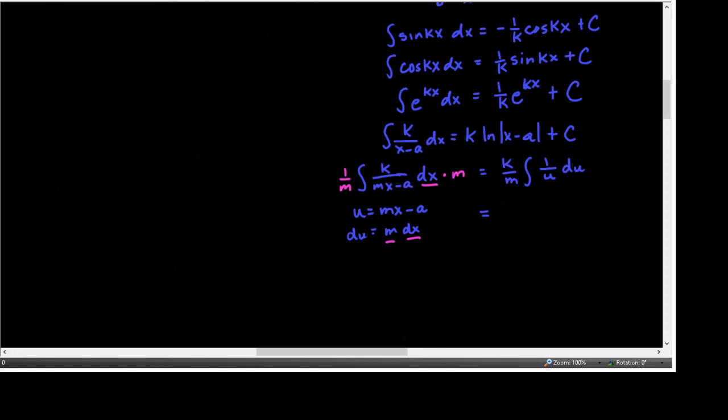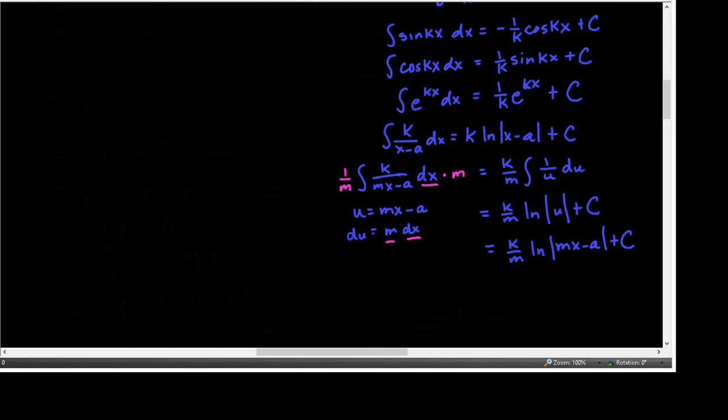And so this is k over m natural logarithm of the absolute value of u, plus c, which is k over m natural logarithm of the absolute value of mx minus a plus c.